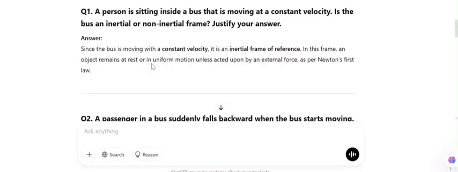Because an object remains at rest or in uniform motion unless it is acted upon by an external force, as per Newton's first law.